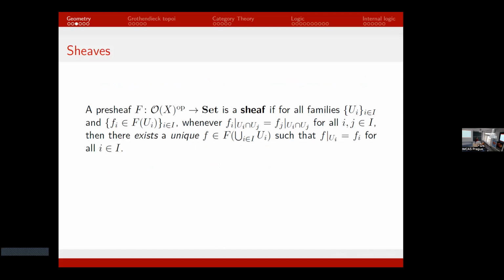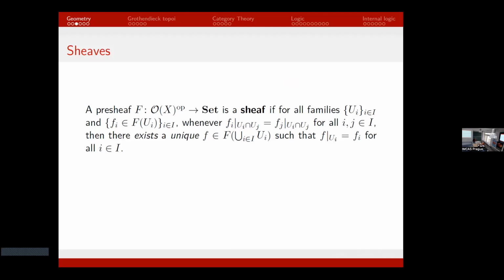Okay, so finally a sheaf. On a topological space, a presheaf is a sheaf if for every family U_i, and for every element of this family, we take a section f_i of F(U_i). Every time that every couple of these sections coincide on the intersection of their open sets, then we want there to be a unique element f on the union of the open subsets such that this f restricts to the f_i.